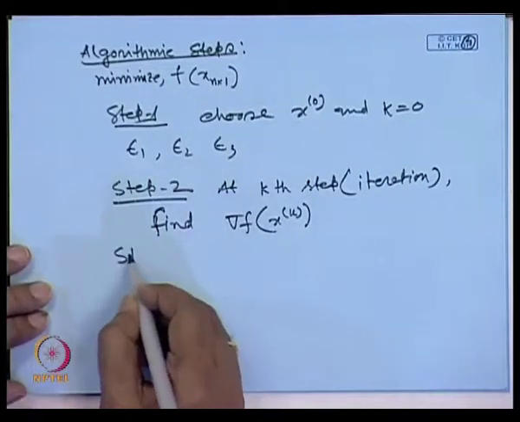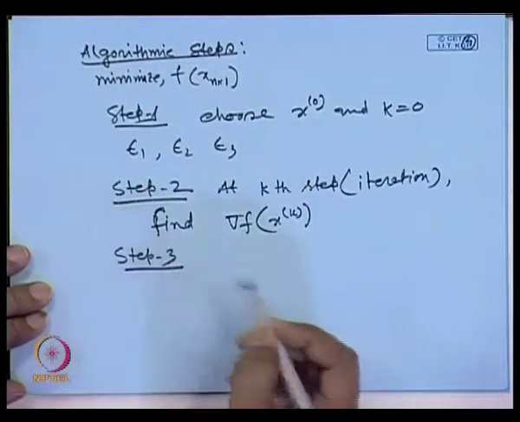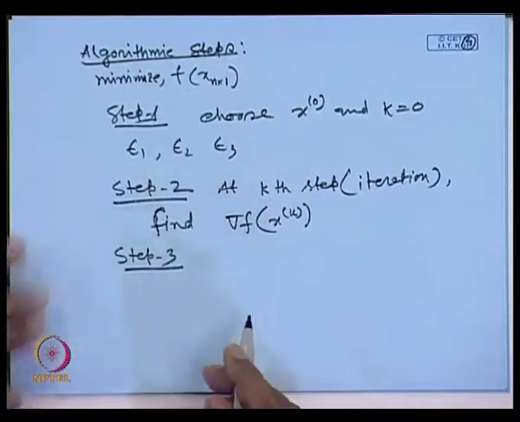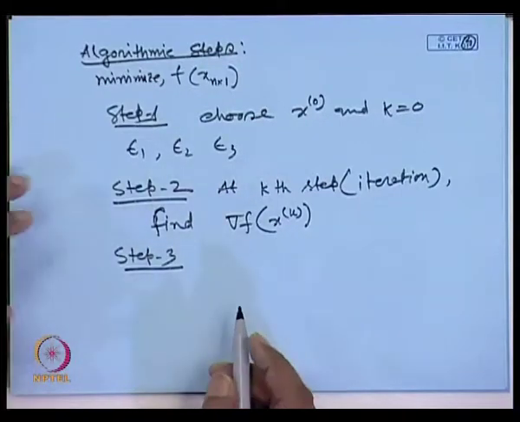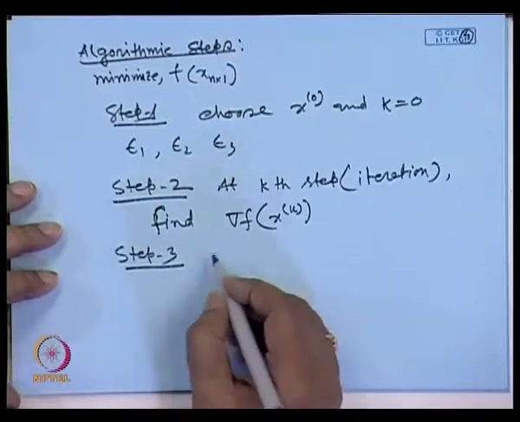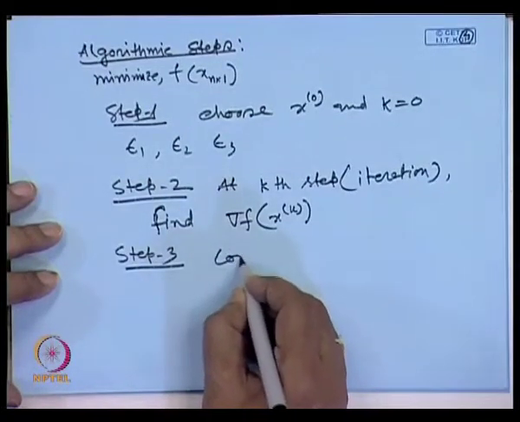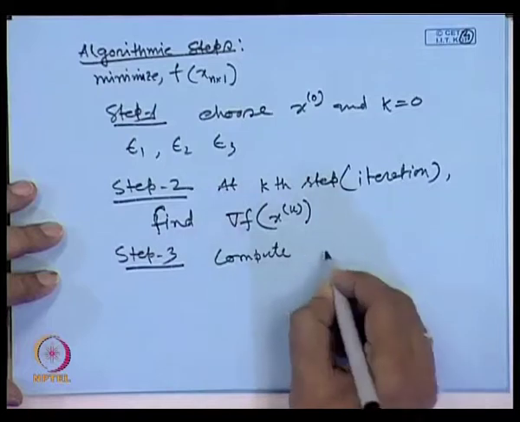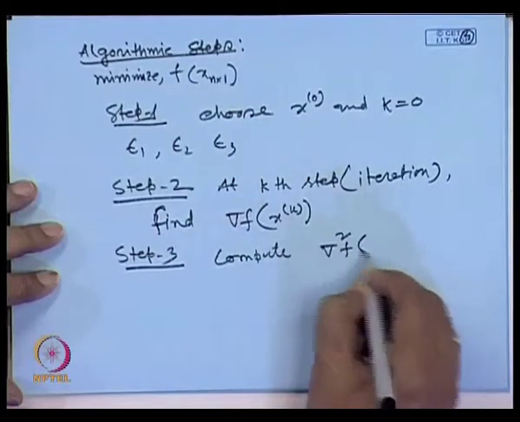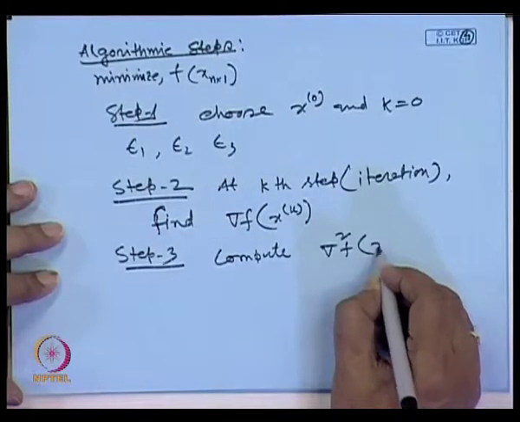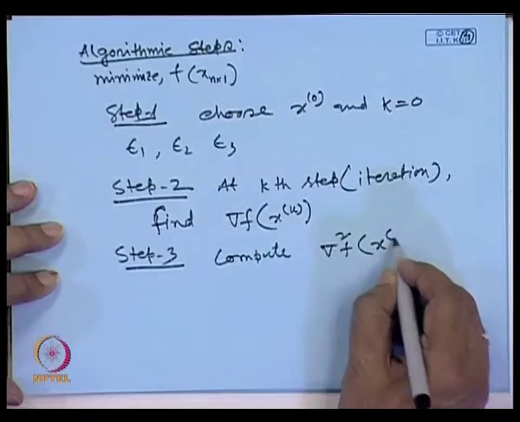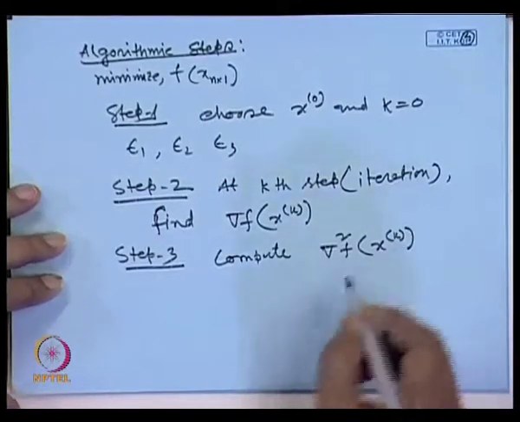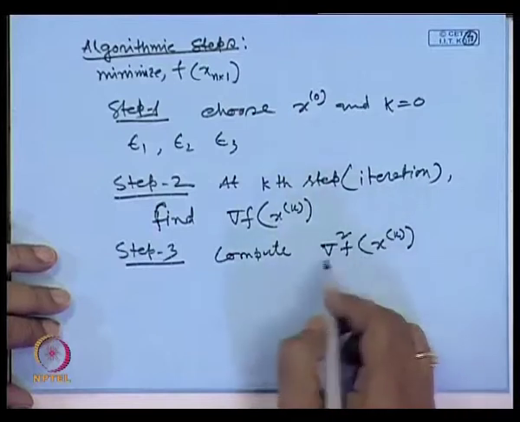Next, step 3. Once you know this, I have to check: compute the Hessian matrix of the function at x equal to x superscript k, meaning the kth iteration, the value of the decision variable at this point.